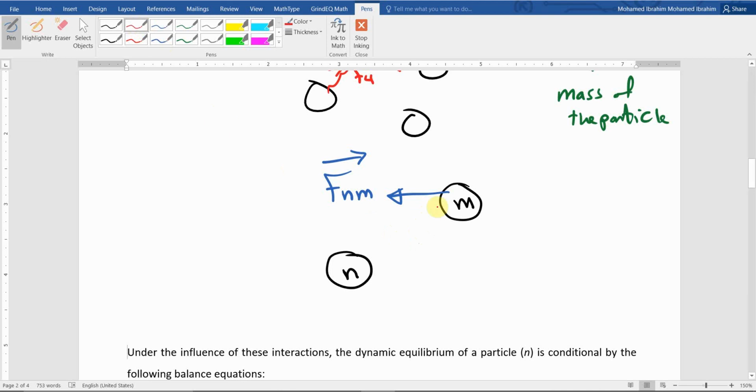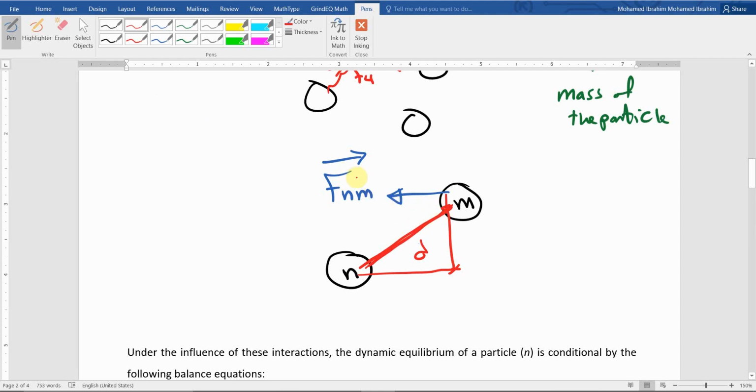Let us assume that there is a distance between these two particles, and this distance can be decomposed into two components. One component is perpendicular to the force, like a vertical or normal distance to this force. So what do you think? Assume that there is a rigid body over this distance.